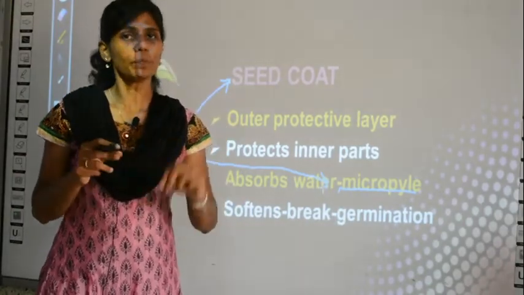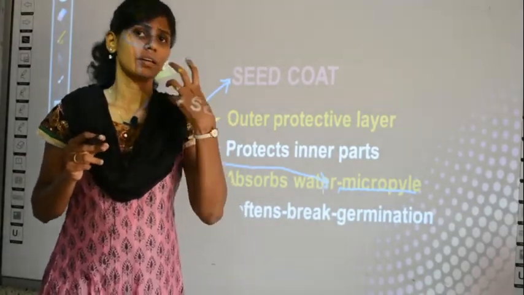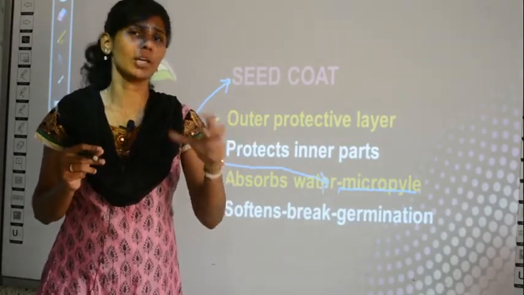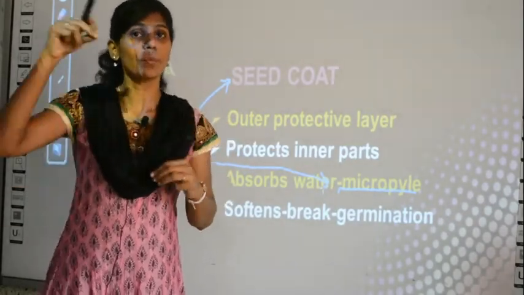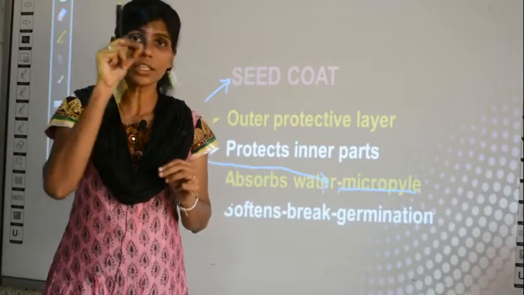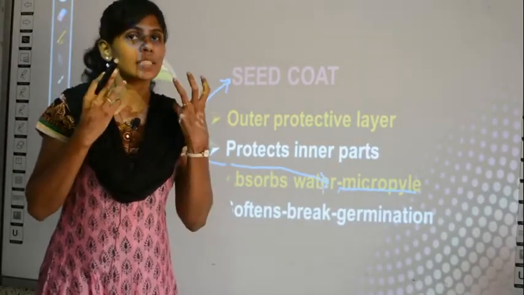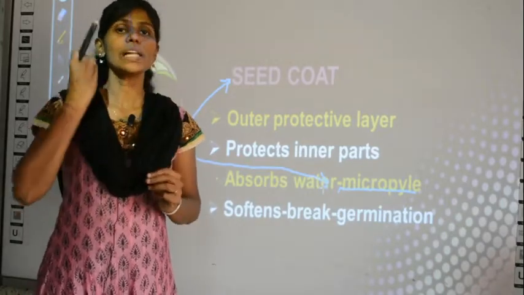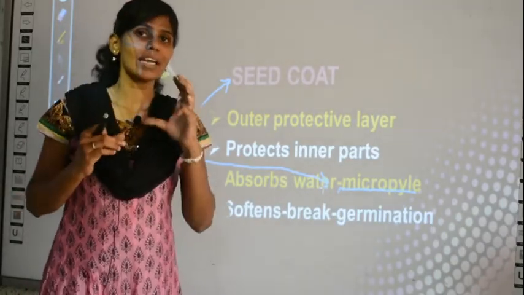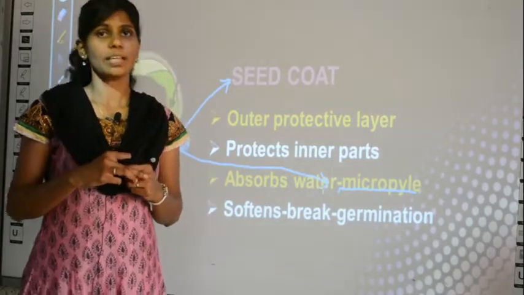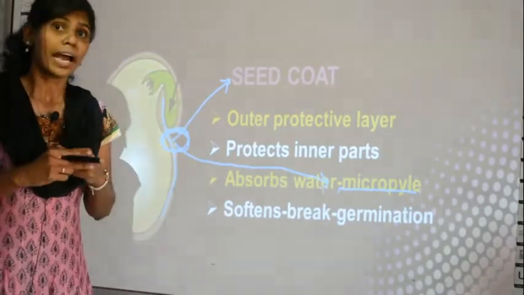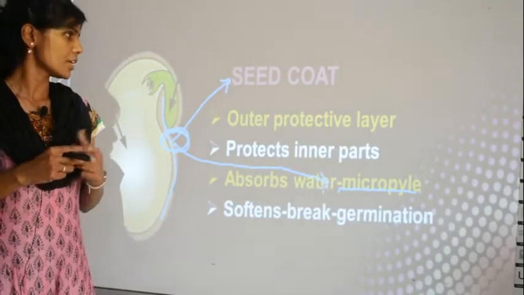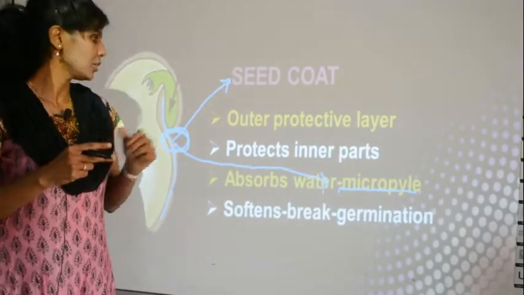Suppose you are going to make a seed germinate: first when you put it inside the soil, it is very hard, right? So when you pour water, it will enter through the micropyle and the seed will become soft, then it will break and then it will germinate. If it is very hard, it cannot germinate, right? So it has to be softened and then broken for the process of germination. So this is about the seed coat.